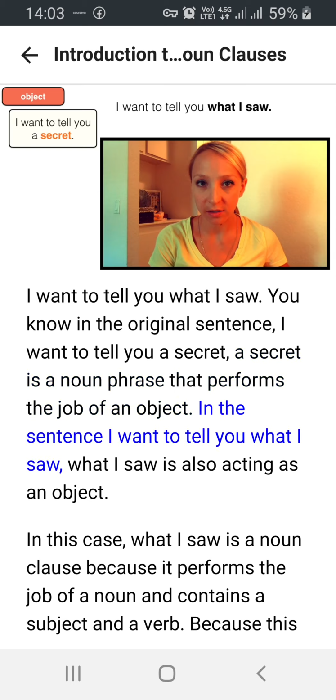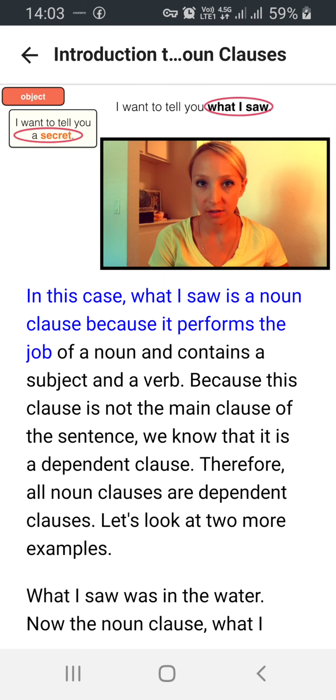In the sentence, I want to tell you what I saw is also acting as an object. In this case, what I saw is a noun clause because it performs the job of a noun and contains a subject and a verb. Because this clause is not the main clause of the sentence, we know that it is a dependent clause.